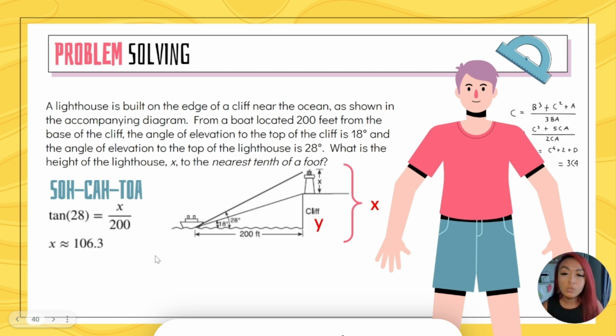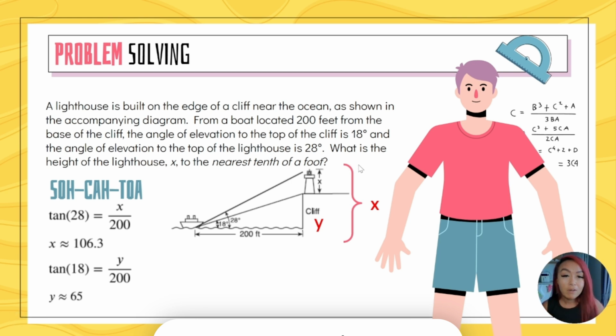Now we need to use the tangent of 18 to solve for Y. So we'll set the tangent of 18 equal to Y over 200. We'll cross multiply and do 200 times the tangent of 18, and we get Y is approximately 65.